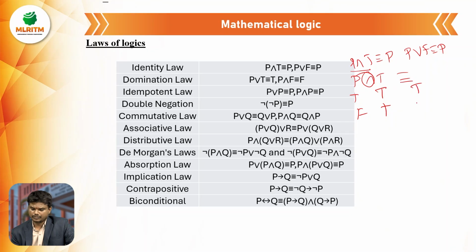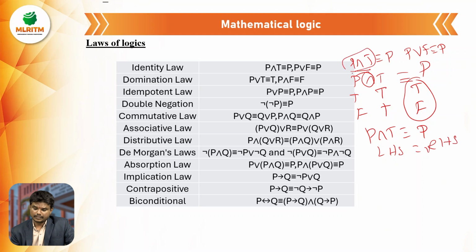True, false. So again we have P. That is, P and T is equivalent to P. So LHS equals RHS. So we write P and T is equivalent to P and also P or F is equivalent to P. That is the identity law.